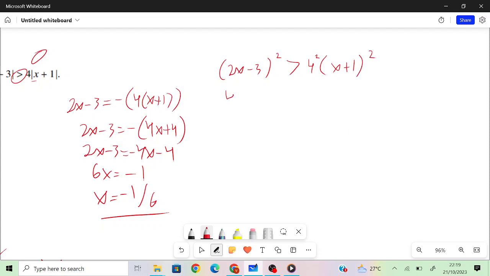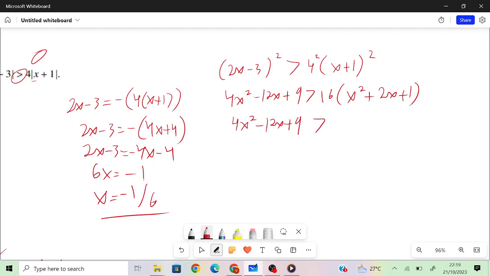Expanding brackets, I have 4x squared minus 12x plus 9 greater than 16 into x squared plus 2x plus 1. I have 4x squared minus 12x plus 9 greater than 16x squared plus 32x plus 16. Collecting our like terms, we have minus 12x squared minus 44x plus 7 greater than 0.